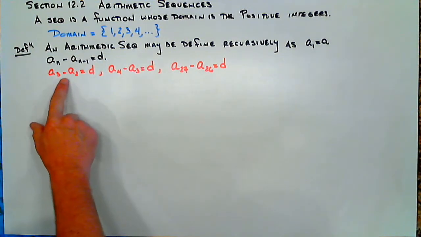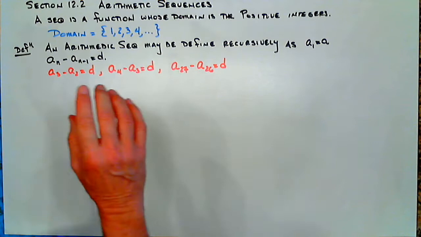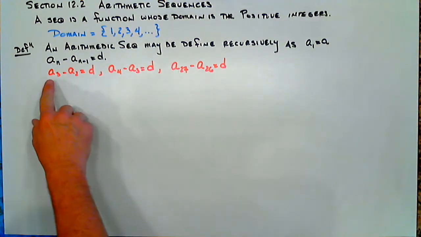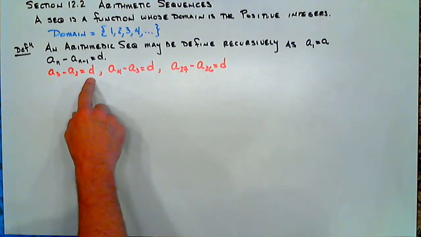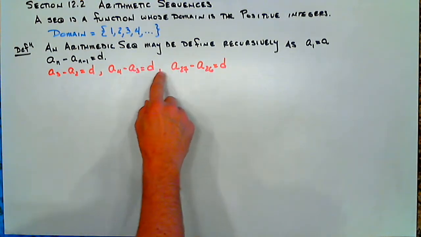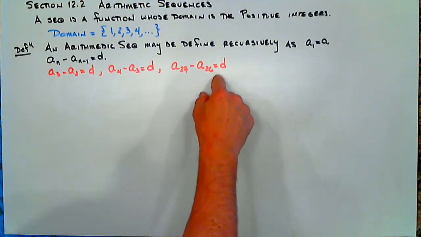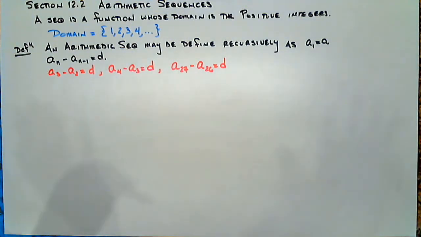If I take a term minus the term prior to that, the third term minus the second term, I get d. Fourth term minus third term, I get d. 27th term minus 26th term, I get d. And this is true for any two consecutive terms.